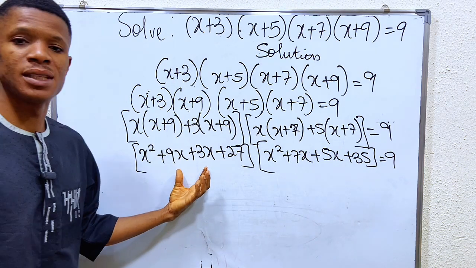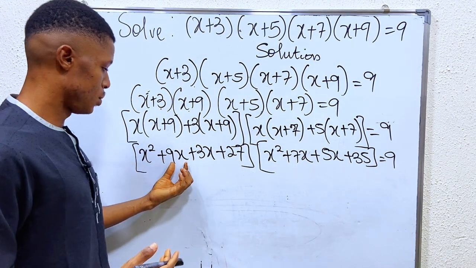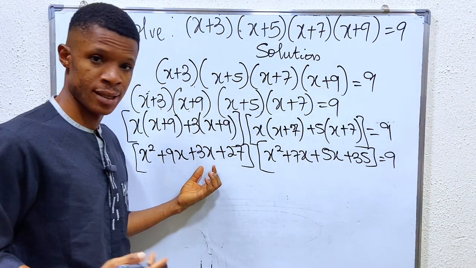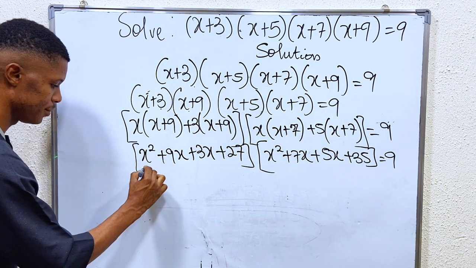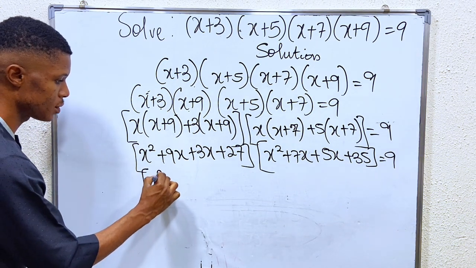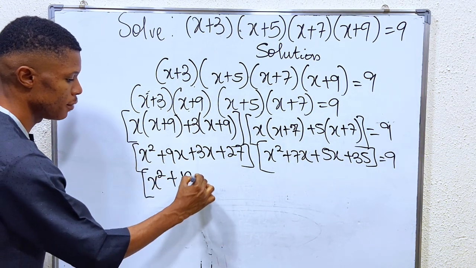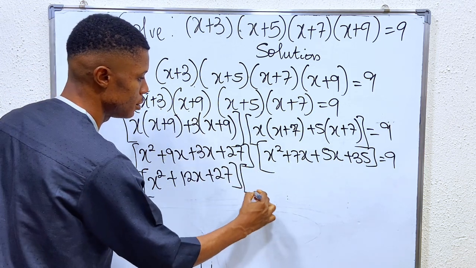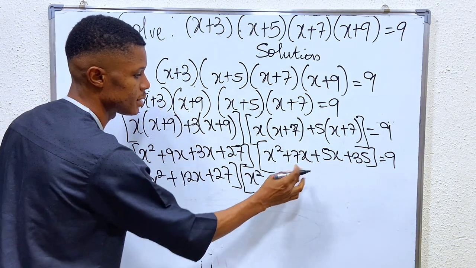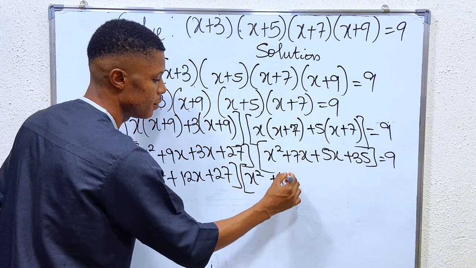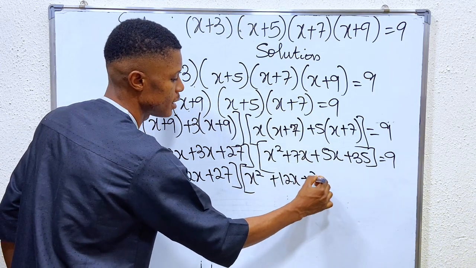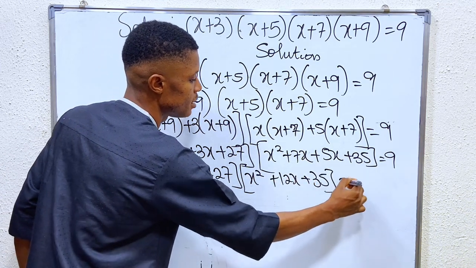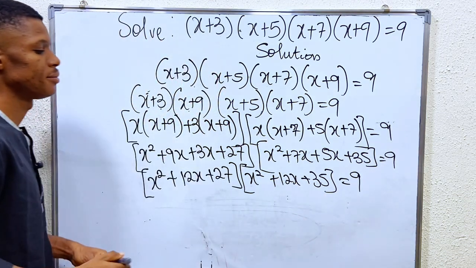So in the middle term, we can actually add. 9x plus 3x is 12x. We have (x squared + 12x + 27)(x squared + 7x + 5x, which is 12x, + 35) equals 9.